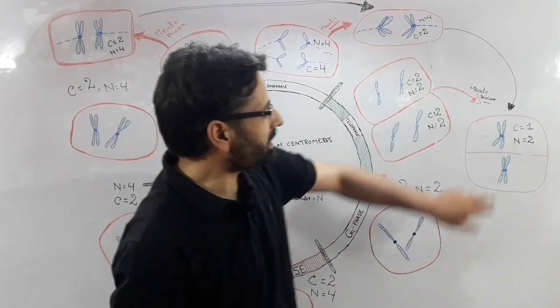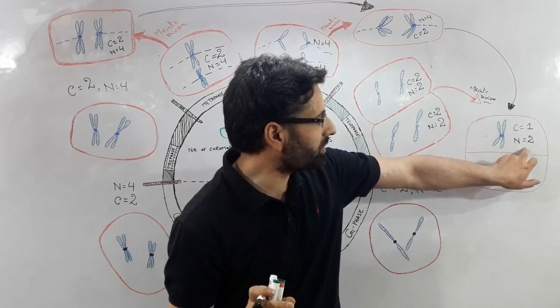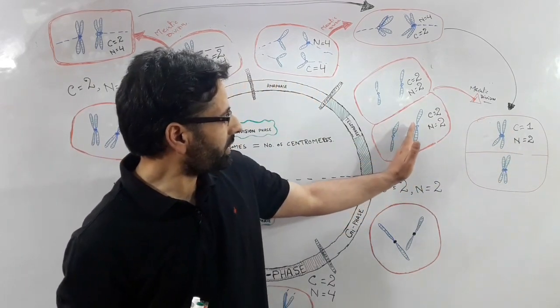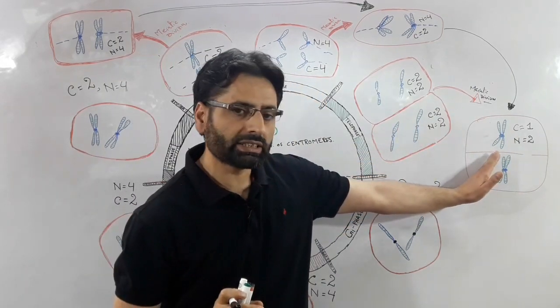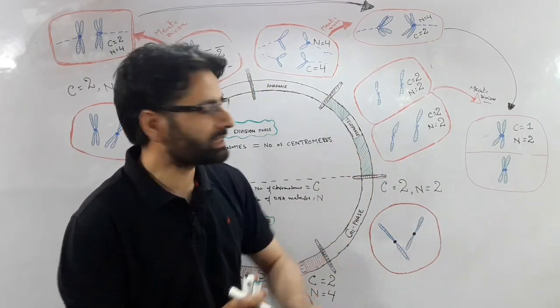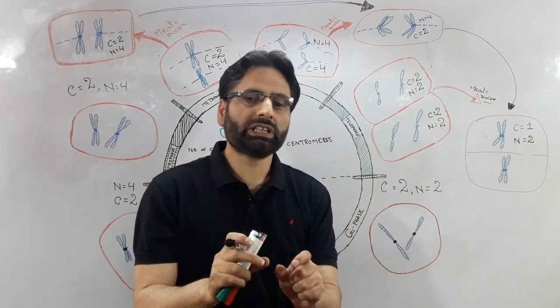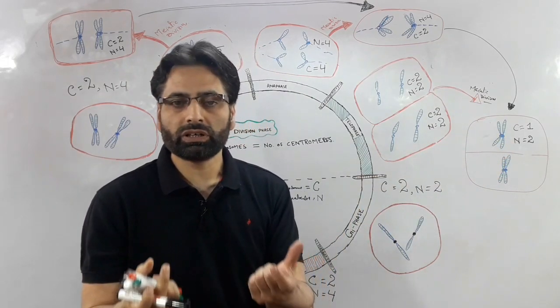Why? Because the centromere is only 1 and DNA molecules are equal to 2. So the mitotic and meiotic cells differ in the telophase followed by cytokinesis in the number of chromosomes. That is, in the meiotic division we have a reduced number of chromosomes.